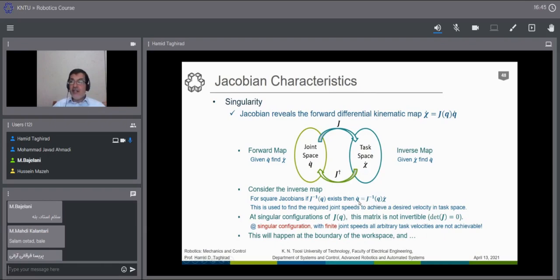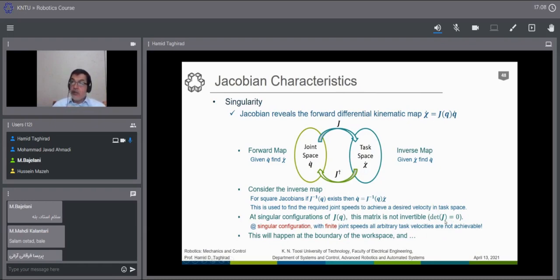If the inverse does not exist for a square matrix, this will happen when the determinant of this matrix is equal to 0. Now we are talking about some linear algebra properties of this matrix.